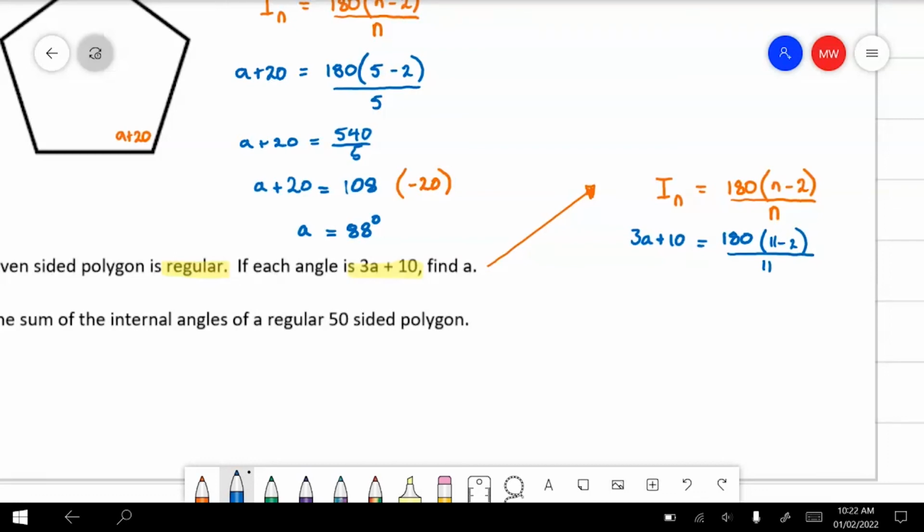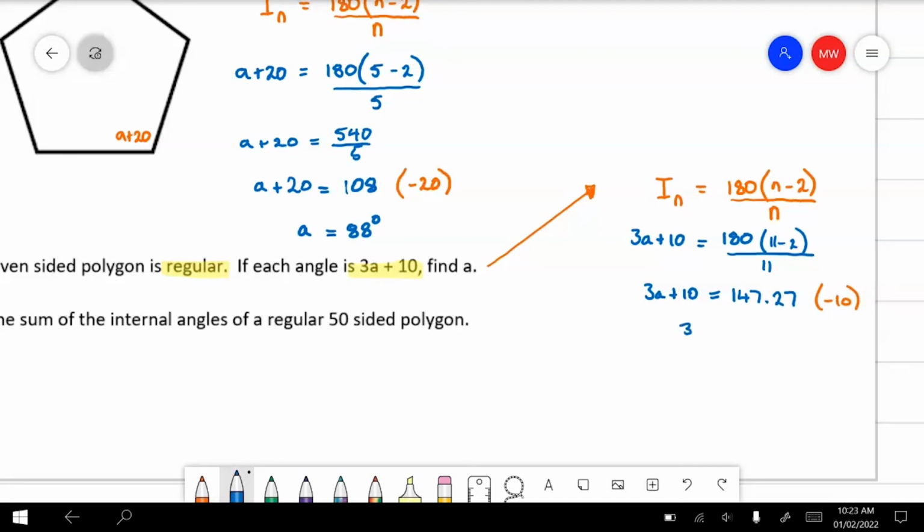And so we'll find that 3A plus 10 is equal to, and using a calculator, we get 147.27. And now we're just turning to the balance method. So we'll just subtract 10 from both sides.